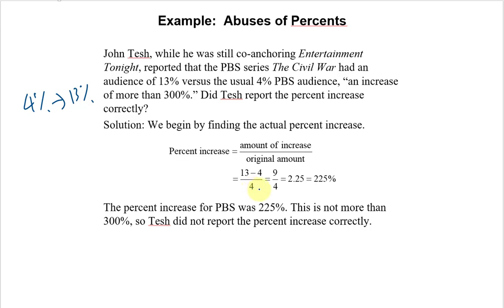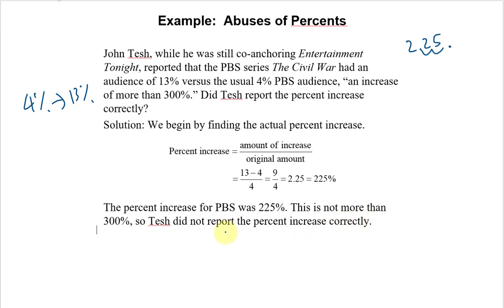For the amount of increase, we take the final value, 13 subtract 4, which is 9. 9 over 4 is 2.25. To convert 2.25 to a percentage, we move 2 places to the right, so it becomes 225%. So the percent increase for PBS was 225%.